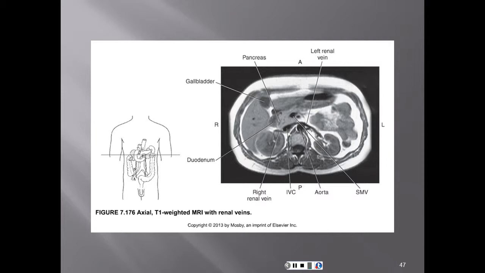The interlobar veins drain into the segmental veins. The 5 segmental veins correspond to the respective segmental arteries and merge to form the renal vein. So this is how blood supply returns from the kidney to get mixed back into the systemic blood flow via the venous system.